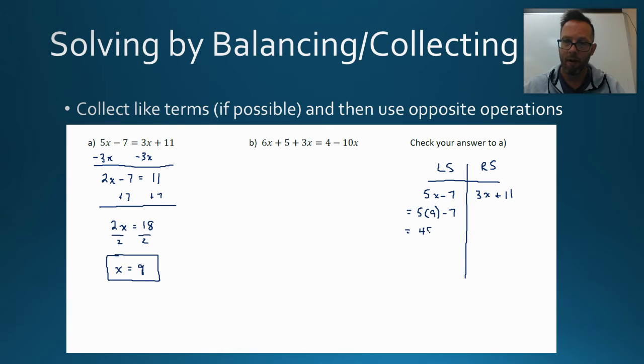That's 45 minus 7. 45 minus 7 is 38. So it's my hope when I plug in 9 in the right side, I also get 38. So let's see. 3 times 9 plus 11. 3 times 9 is 27 plus 11. And look at that. 27 plus 11 is 38. So I'm completely confident that I did that right.